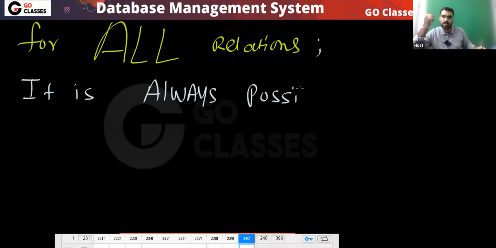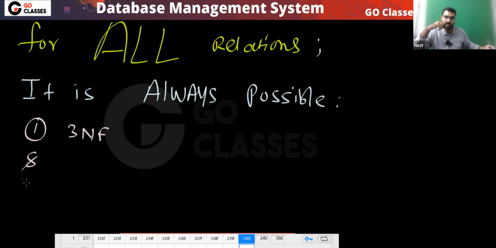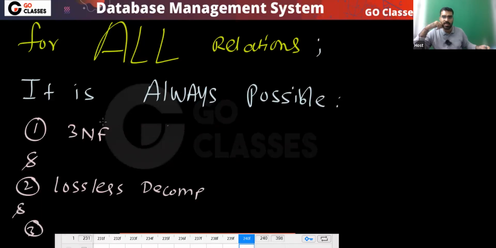What is always possible? For all relations, it is always possible that you have 3NF and lossless, and dependency preserving decomposition.